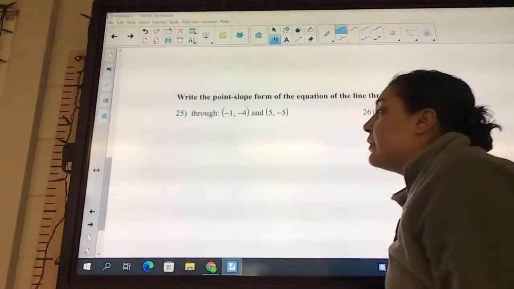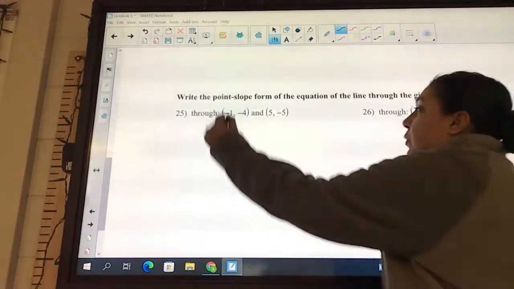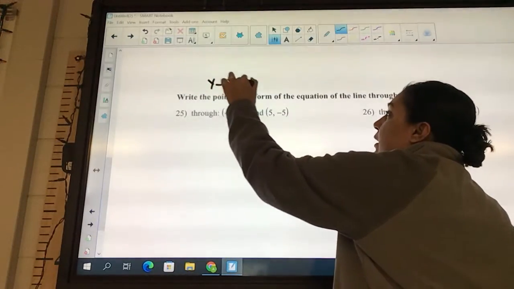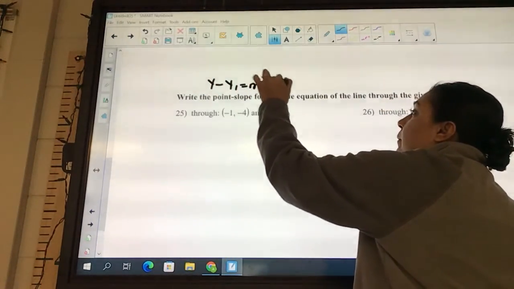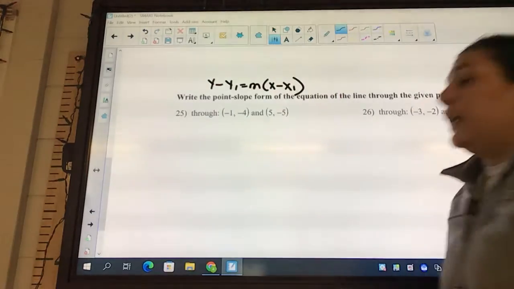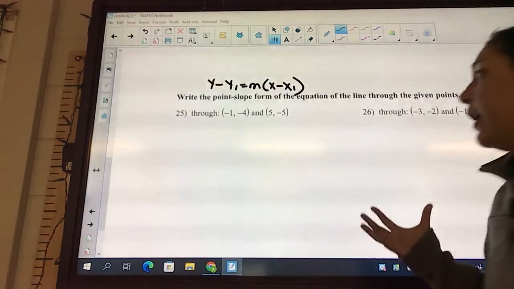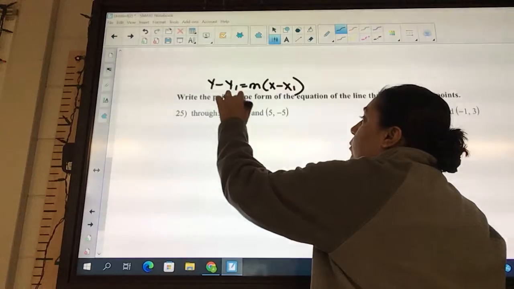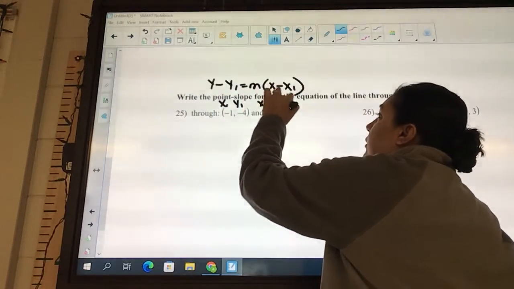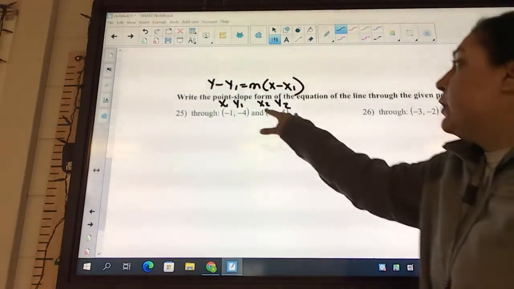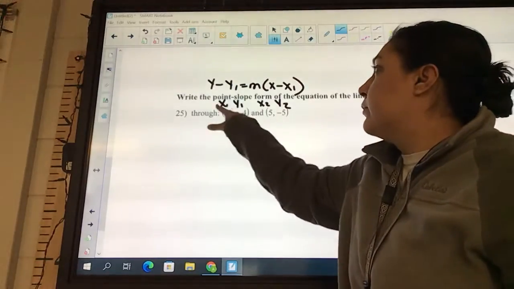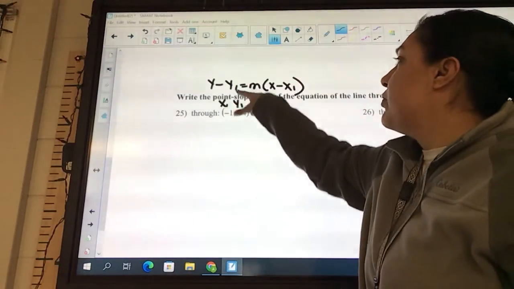Okay, 25. It says write the point slope form. So write what your answer should look like up here. Then label and look at what you've got. Well, I've got an x1, y1, x2, y2. What formula uses this? Can I just plug stuff straight into here?